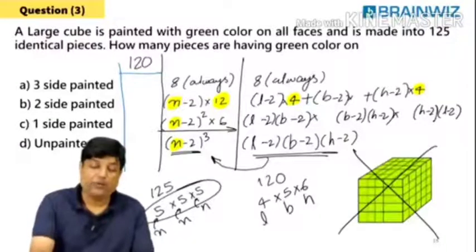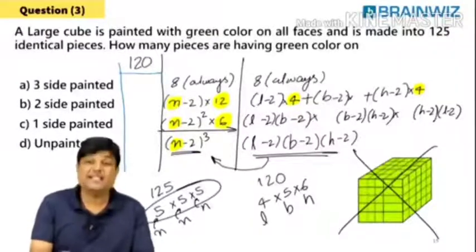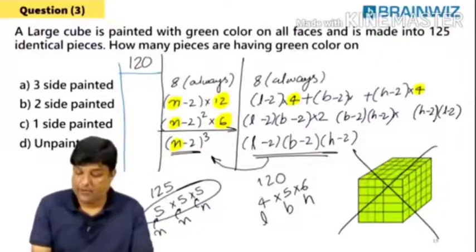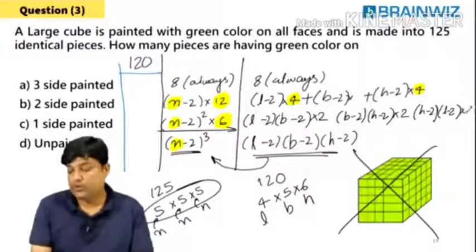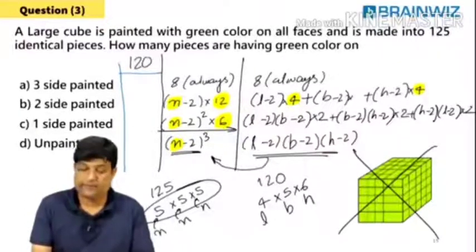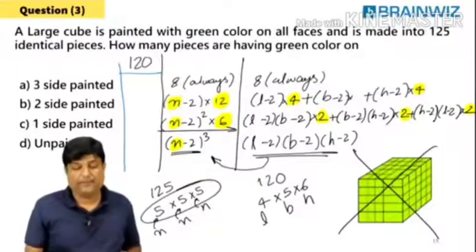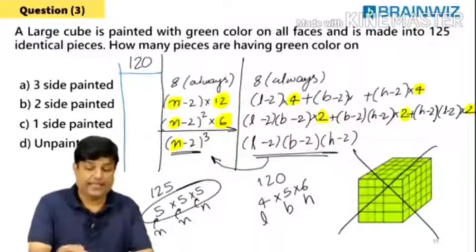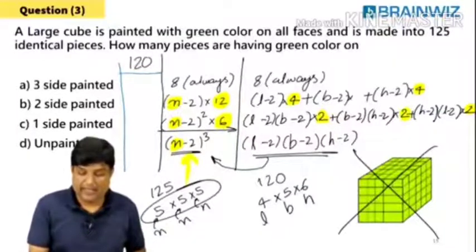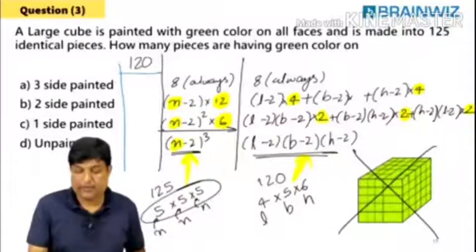How many faces are there, students? There are 6 faces. Into 2, into 2, into 2. Add. Are you understanding, everybody? This is the same thing. Both are same: this with n, this with LBH.